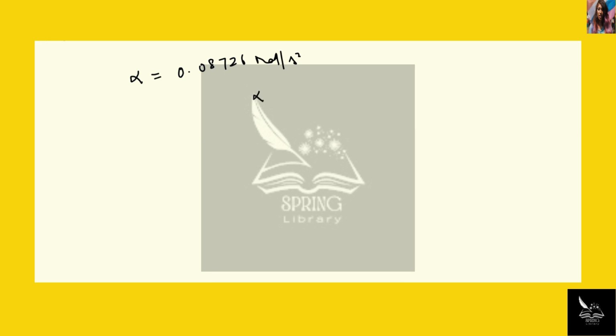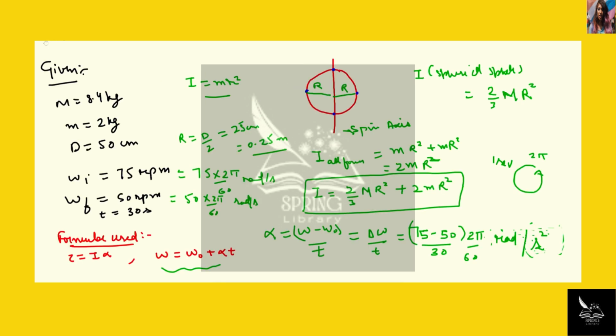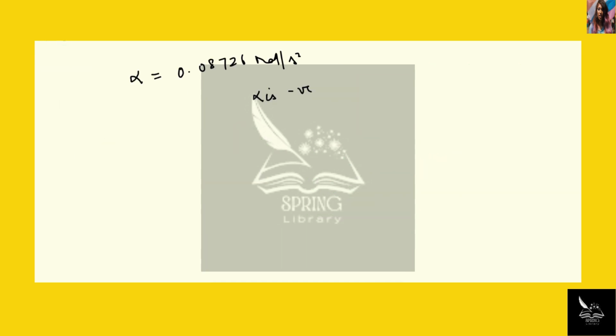Remember that this is negative. Negative means that omega is decreasing. We took the magnitude here, that's why we did not get the minus, but we have to have minus here. It's just saying that this torque is applied to decelerate.